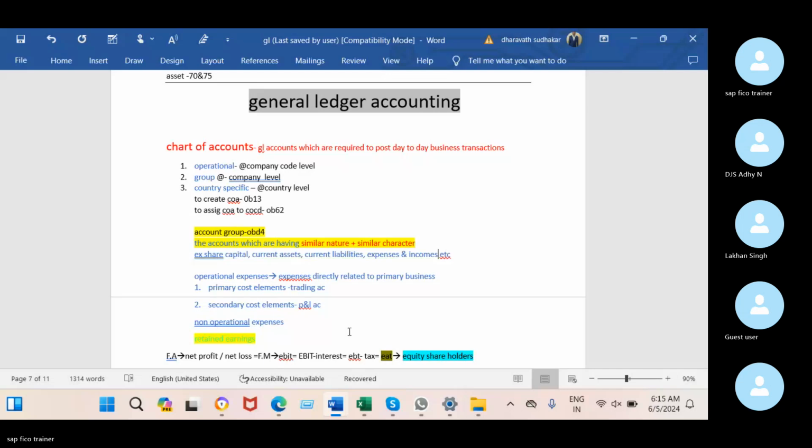Other than the primary business, whatever expense we incur, all those expenses we consider under non-operational expenses.